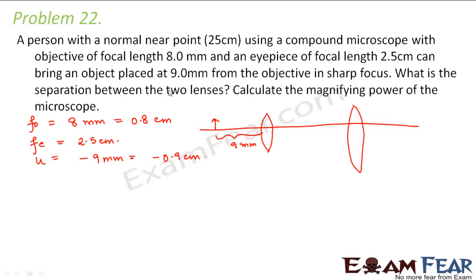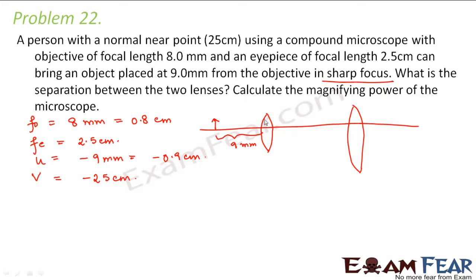What is the separation between the lenses? So now if it is bringing the image of this object in sharp focus, that means that sharp focus means it is at a distance of distinct vision, which is 25 centimeters. That means the image is formed at a distance of 25 centimeters.